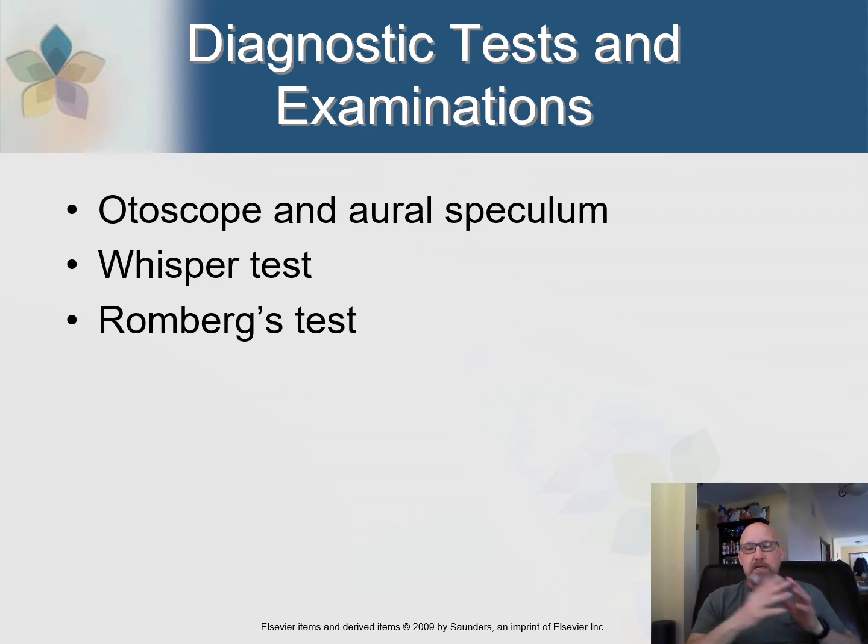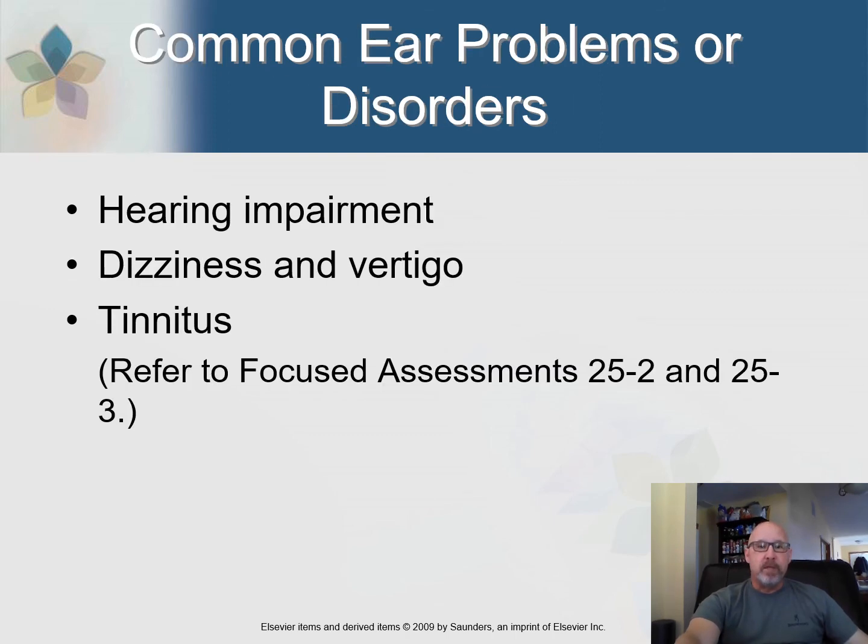You will be conducting a Romberg to see if their balance is off. And if so, could it be caused by any type of inner ear infection or labyrinthitis or vertigo? You will be looking for hearing impairments, and then you're going to help figure out, is this conductive hearing impairment or sensorineural hearing impairment?